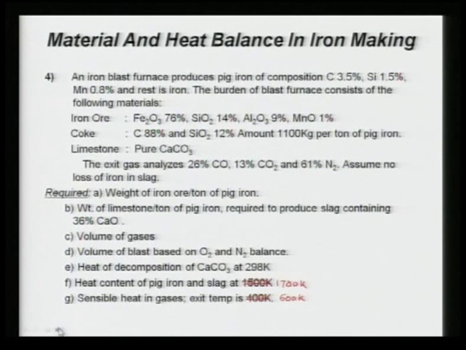Now, problem number 4 reads: an iron blast furnace produces pig iron of a given composition, and the rest is iron. The burden of the blast furnace consists of the following materials: iron ore, whose composition is given, containing Fe2O3, SiO2, Al2O3 and MnO.